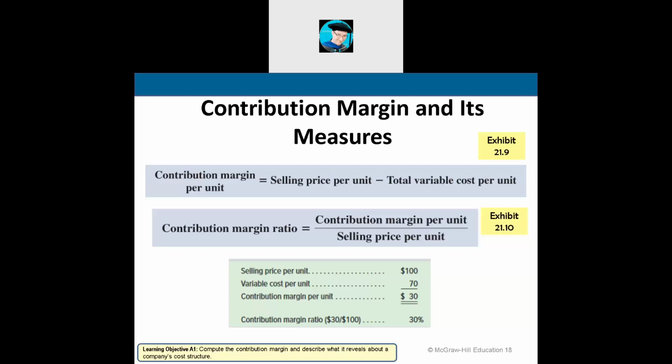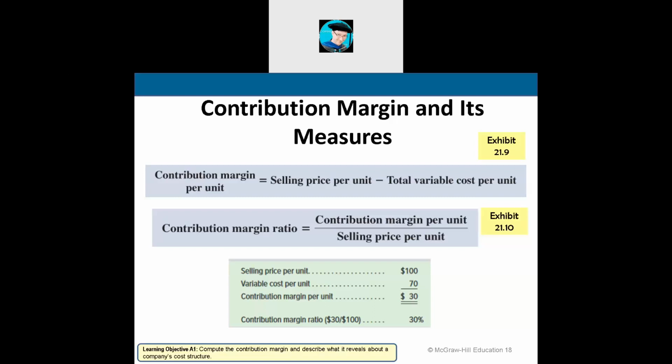It's a beautiful thing because it tells you the percentage of gross profit that you get from each sale of each product, yeah, of each unit. Very easy calculation. There's two steps, okay? Two steps to the calculation. First, you want to find the contribution margin per unit. Very easy. You take the sales price minus the variable cost per unit. Sales price per unit minus variable cost per unit.